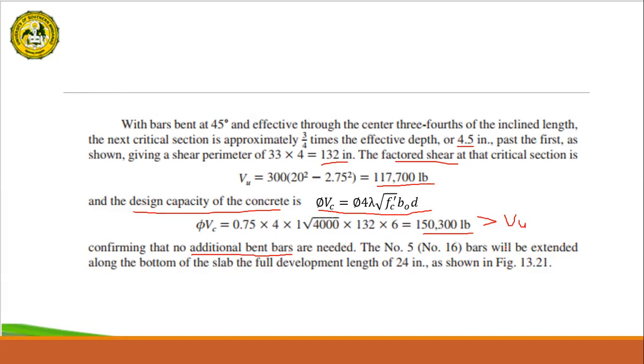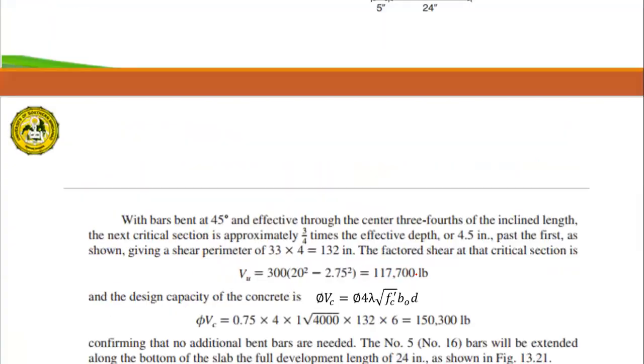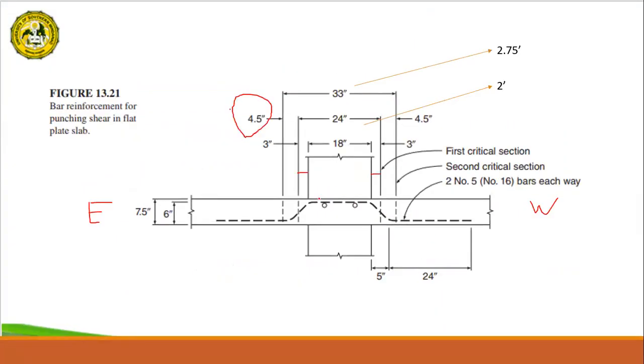So the number 5 bars will be extended along the bottom of the slab, the full development length of 24 inches as shown in figure 13.21. So this is our shear reinforcement; this is what provides the shear reinforcement. So at our bo of 24 inches, this is bent there. And when we get to the critical section here, there is no need for shear reinforcement based on the calculations.